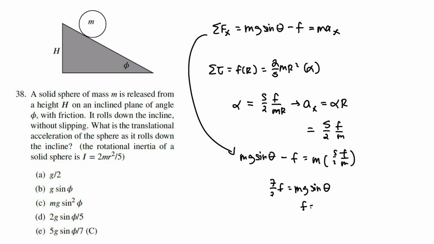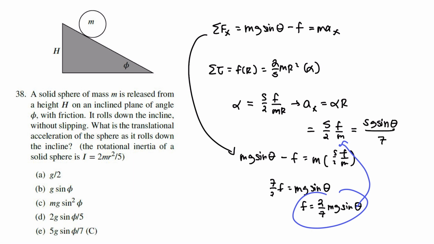So then f is equal to 2/7 mg sine theta. Then we can take this and plug that back into here. When we do that, we should get 5g sine theta, or phi, I'm kind of switching now between theta and phi, over 7, which is choice E.